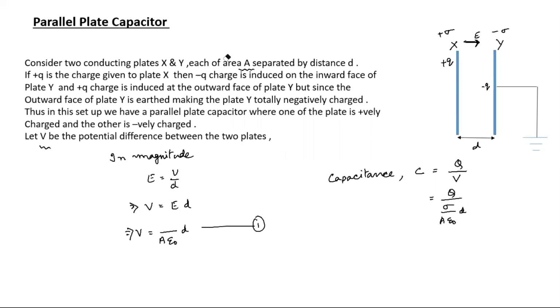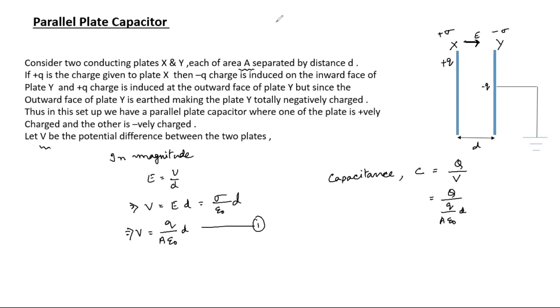Here you will have Q, since I'm expressing it in terms of charge, instead of sigma. Remember, this E was nothing but sigma by epsilon naught, so I have replaced the sigma value with Q by A. That is why it is expressed in terms of charge.